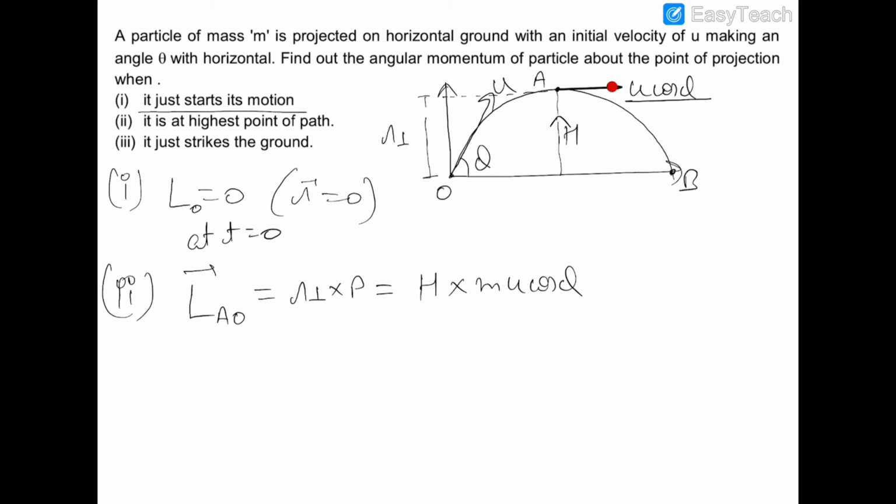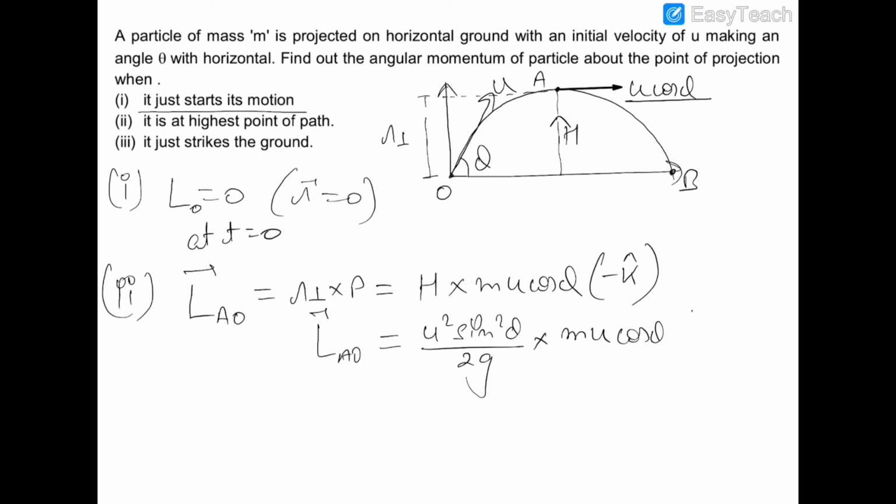So your thumb would be pointing in the negative z-axis direction. So this is minus k cap. And the maximum height is obviously equal to u square sine square theta by 2g, and this is mu cos theta minus k cap. So this is the angular momentum when the particle is situated at point A.